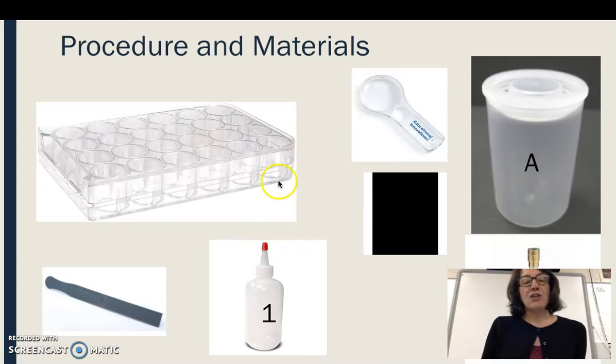I can react a little bit of powder A with liquid 1, stir it up with my stir stick, a little bit of powder A with liquid 2, powder A with liquid 3, powder A with liquid 4. I'm looking for evidence of a chemical reaction, things like bubbling or fizzing, a gas forming, color changes, or it appears that a new substance formed, and I record those observations.